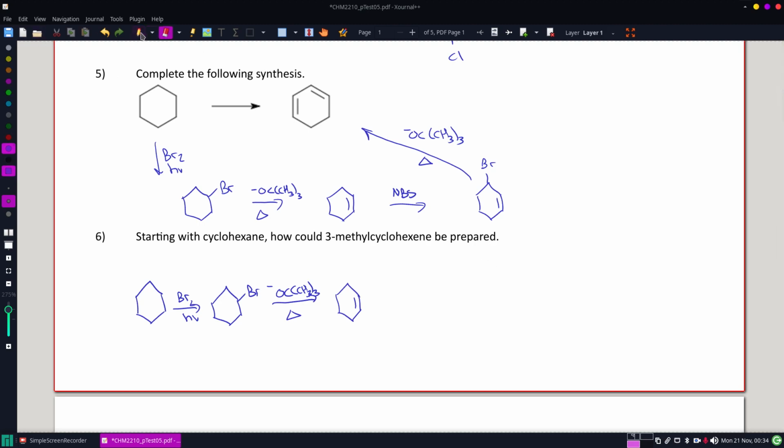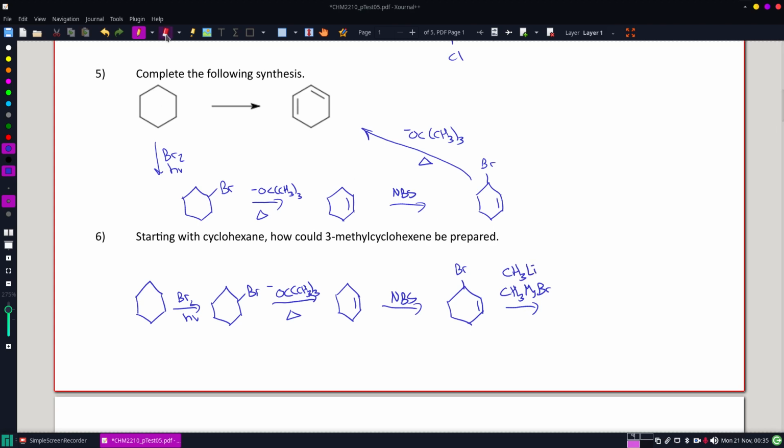Alright, now this next step is combining our previous idea. We're going to use that NBS again. Put a bromine there. But now instead of eliminating it, we're going to do a Grignard reaction. So we have a methyl magnesium bromide. Guess we could do that with CH3Li with lithium.